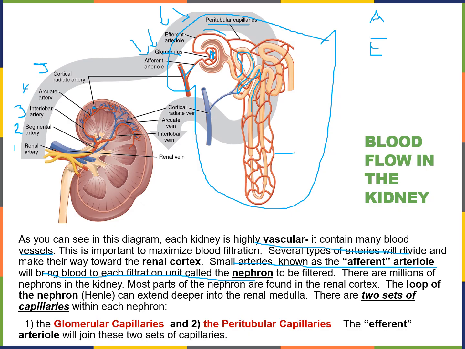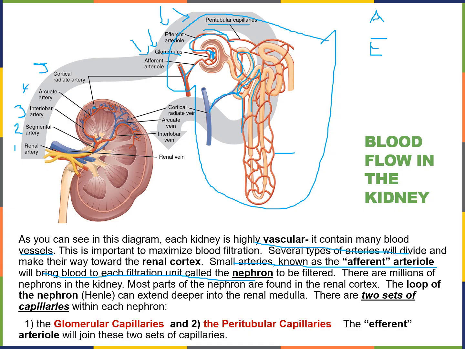versus the tubule system. So again, the blood supply would be a branch of the cortical radiate artery that gives off an afferent arteriole that leads into the glomerulus. Leaving the glomerulus is the efferent arteriole, which then branches to form the peritubular capillary network. So the peritubular capillary network eventually will bring blood to a vein, the cortical radiate vein, which eventually sends blood to the renal vein.